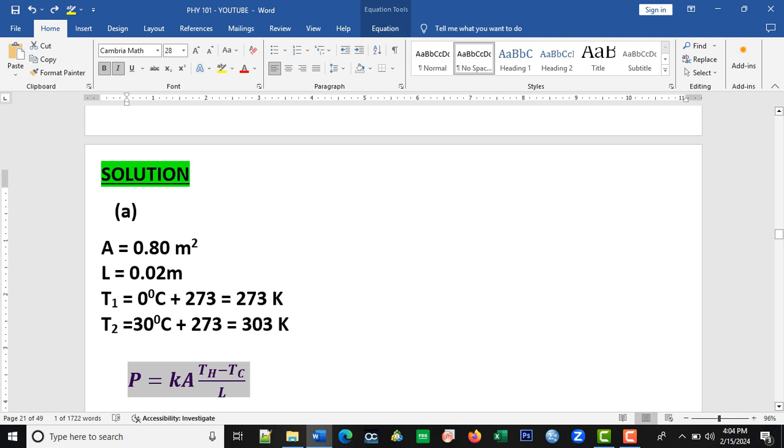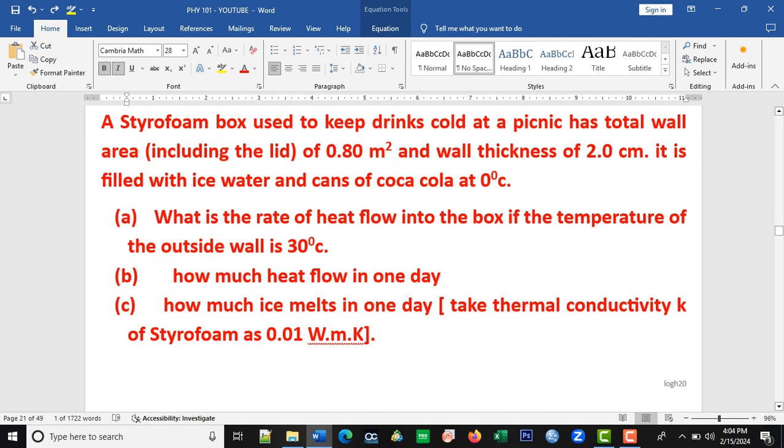Okay, so we have come up with the expression. If you look at the question, it says what is the rate of heat flow into the box?